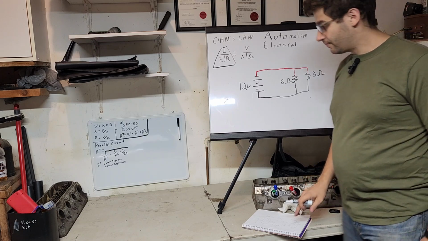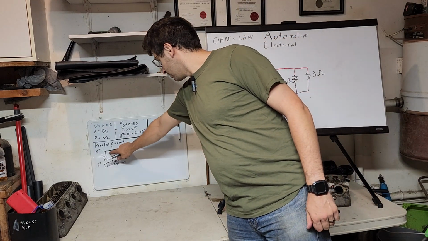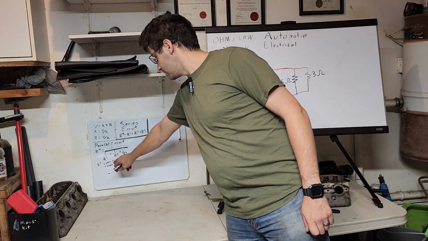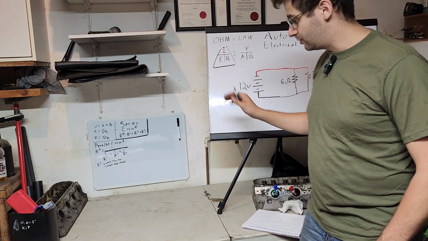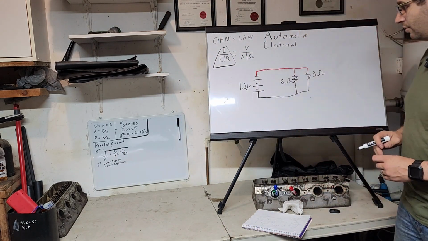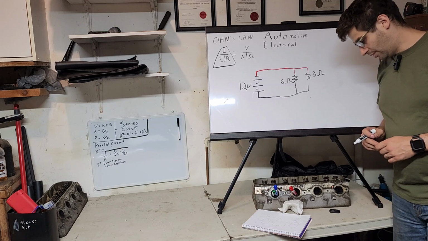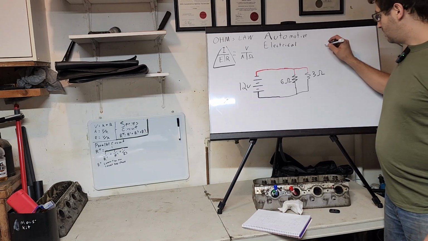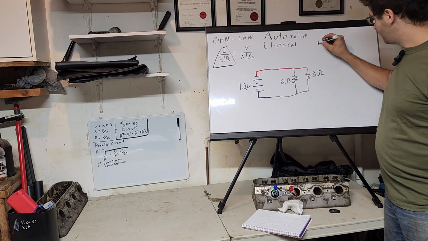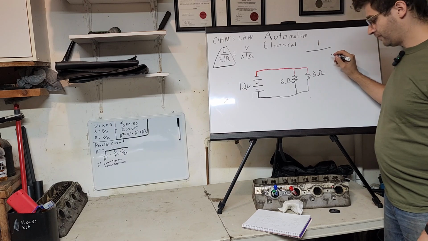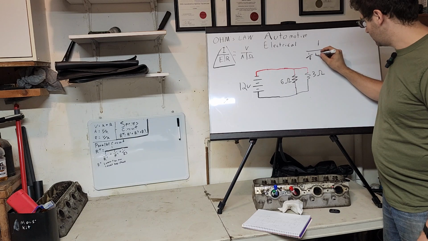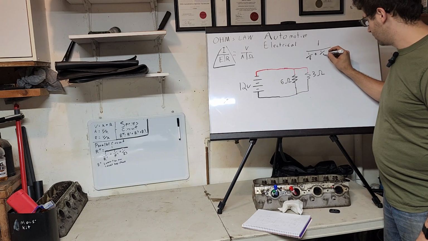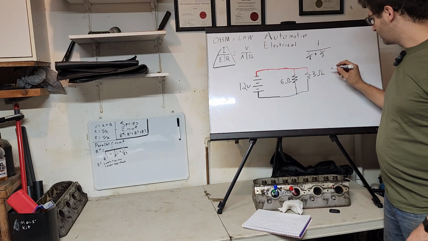It's going to be 1 over resistor 1, plus 1 over resistor 2, and if you have 3, and so on, all added together. So let's do that. 1 over 1 over 6 plus 1 over 3.